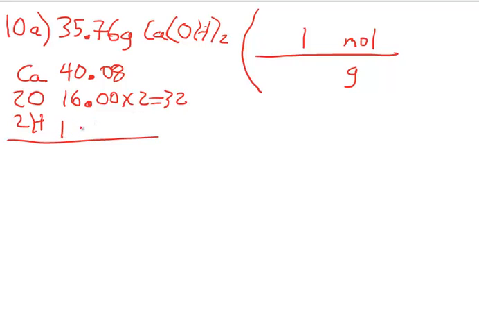Hydrogen is 1.01 times 2 for a total of 2.02. So 40 plus 32 plus 2.02 comes out to 74.10 grams. So that goes here.